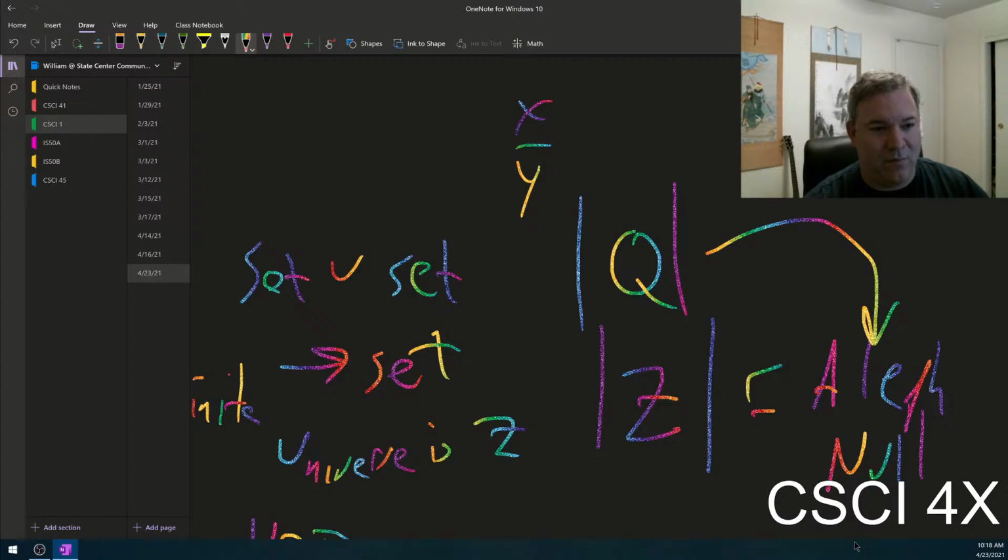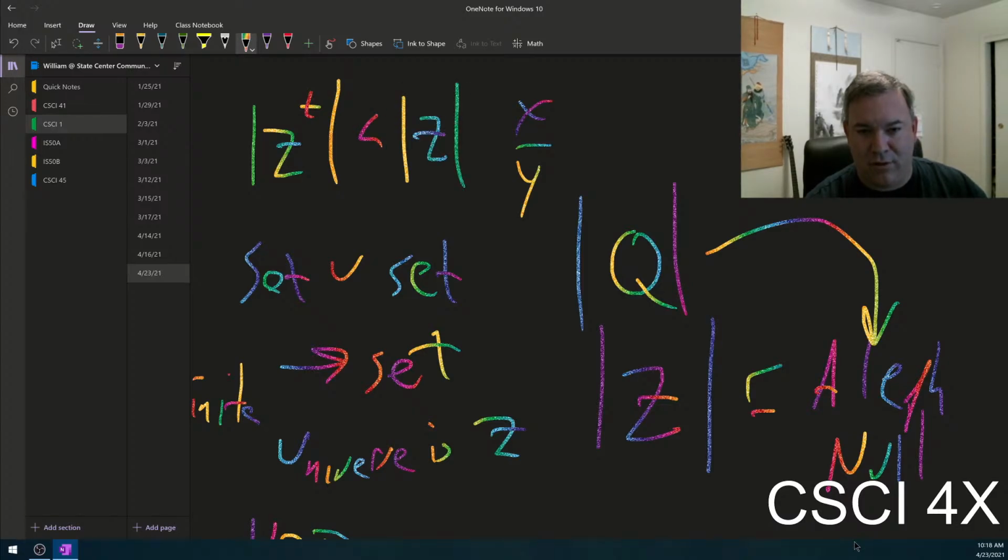Here's a question. What is bigger? Are there more positive integers or integers, both positive and negative? What do you guys think?